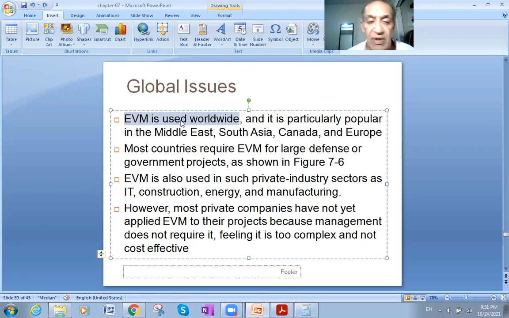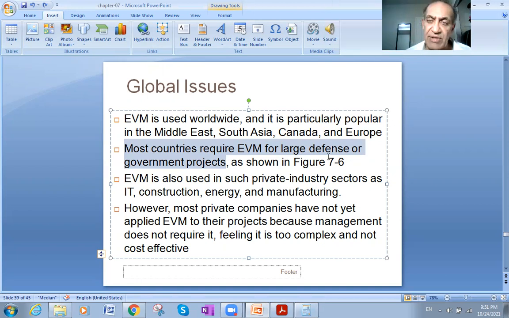It is particularly popular in the Middle East, South Asia, Canada, and Europe. Most countries require EVM for large defense and government projects, so it is also used in government projects. EVM is also used in private industry sectors such as information technology, construction, energy, and manufacturing.